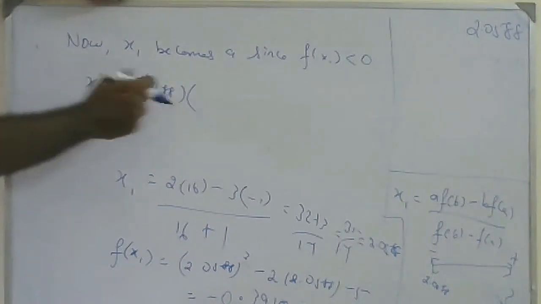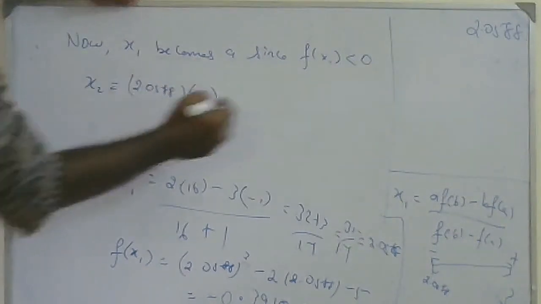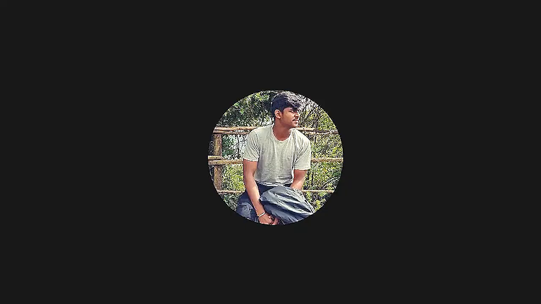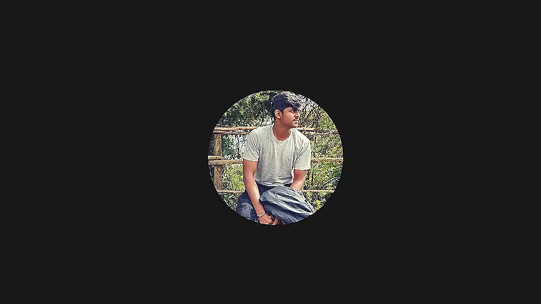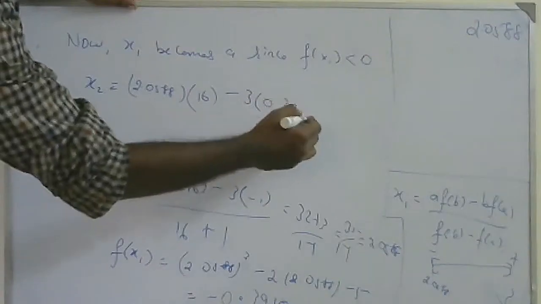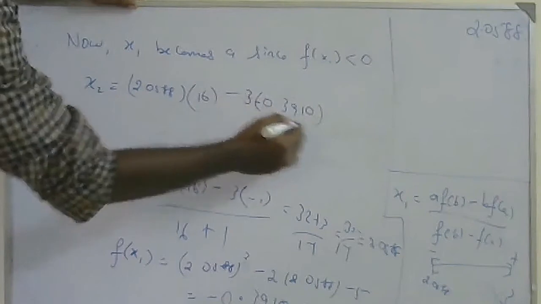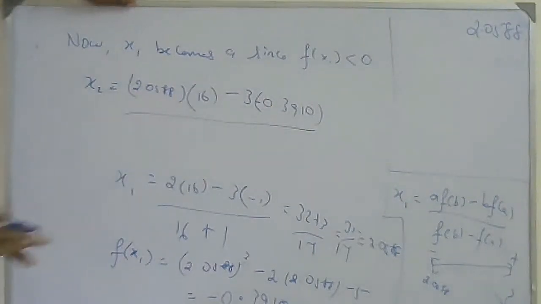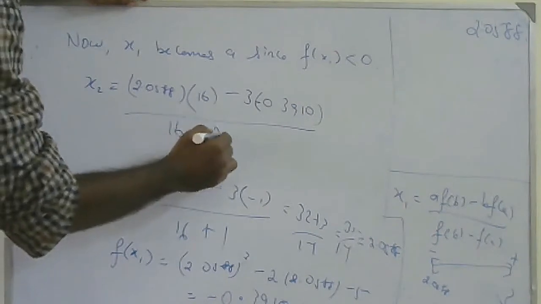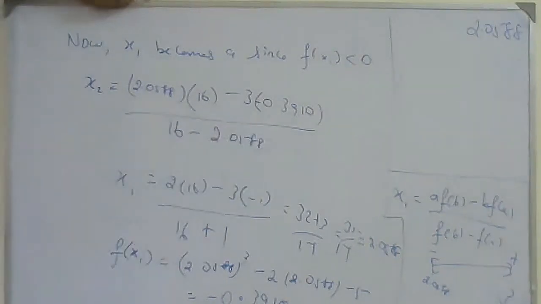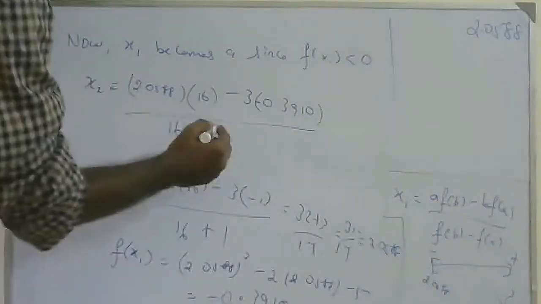What's the value of f of b? 16. 16 minus b into 3 into f of a. What is f of 2.0588? Minus 0.3910 divided by f of b minus f of a, that is 16 minus, oh sorry, f of a, so minus of minus 0.3910.